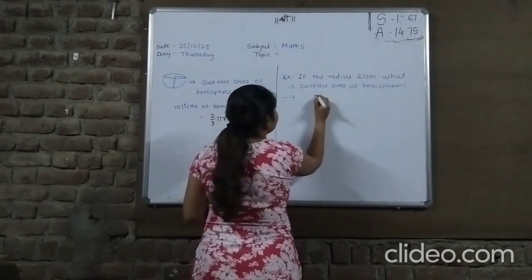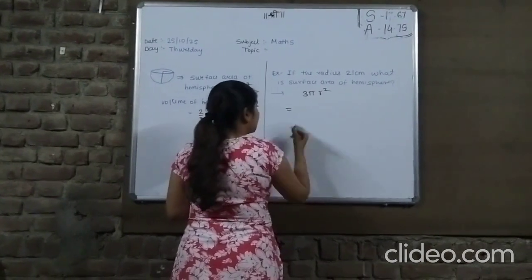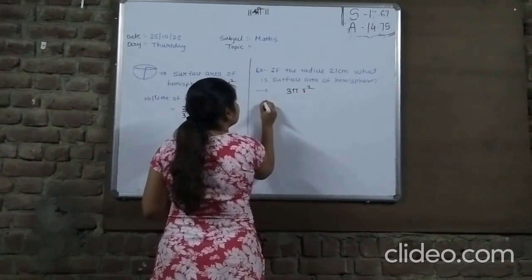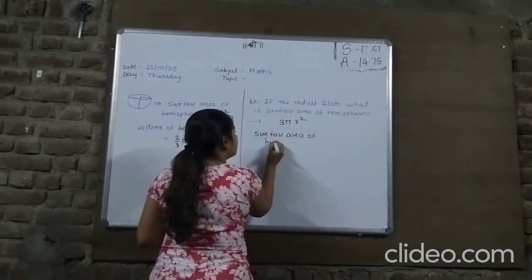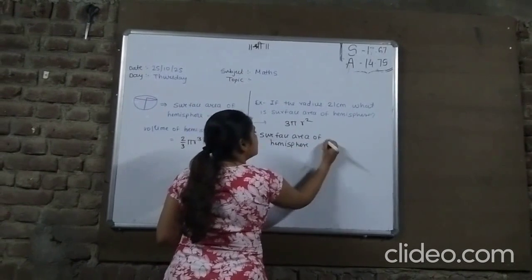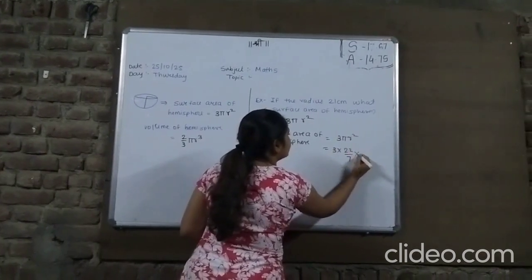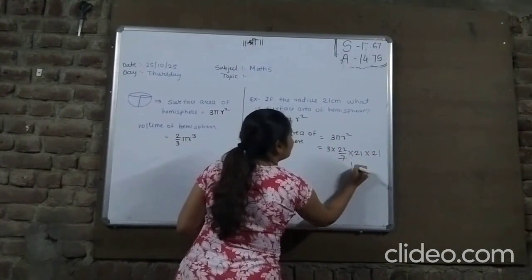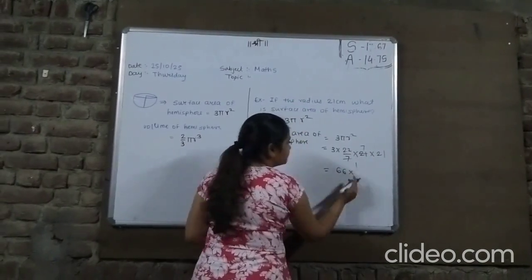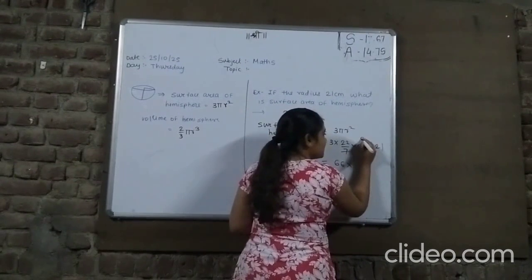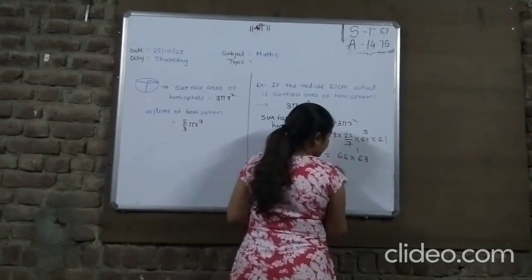So what is the formula? 3 pi r square. Surface area of hemisphere is equal to 3 pi r square, which is 3 into 22 upon 7 into 21 into 21. 3 sevens are 21, that is 66 into 63. Calculate it.